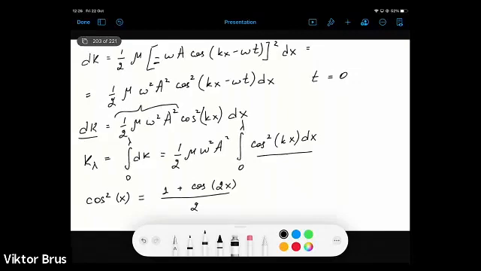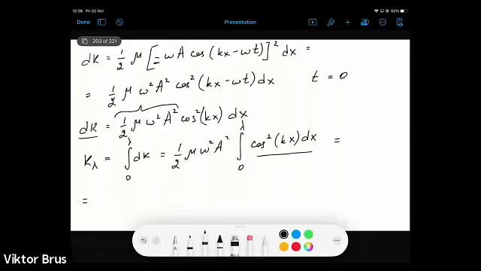So in this case, if we have kx, it will be the same, but we will have this wave number k in our argument. Okay, so keeping this in mind, we can get actually two integrals out of this one.